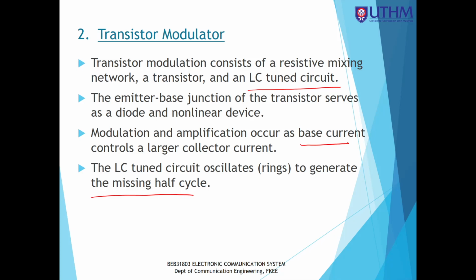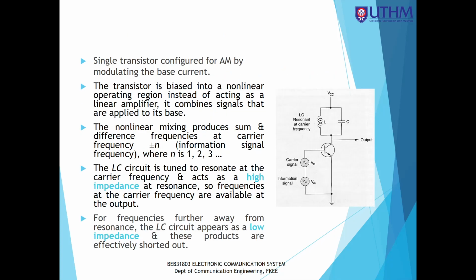During the negative cycle, the signal is clipped off by the transistor, and the LC tune circuit will oscillate and generate the other missing half cycle. Okay, so here you see that we have two signal generators, one for the carrier and one for the information signal, the modulating signal, connected to the base of the transistor.